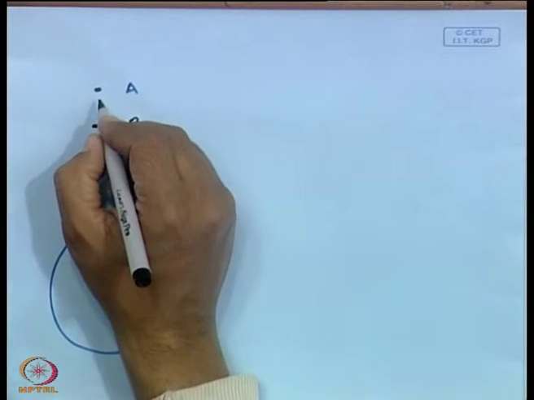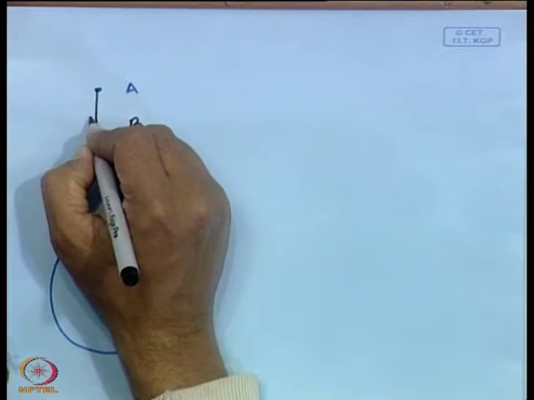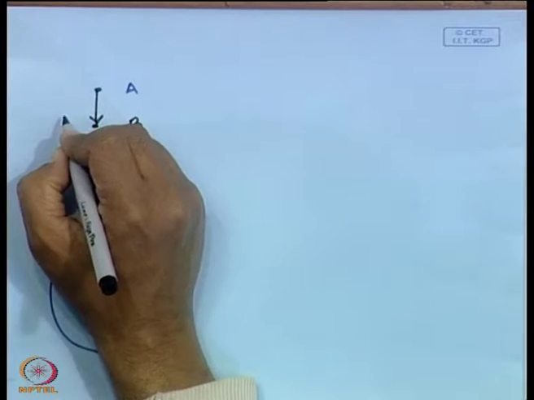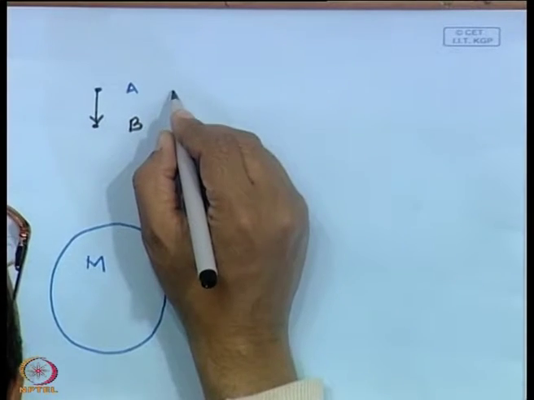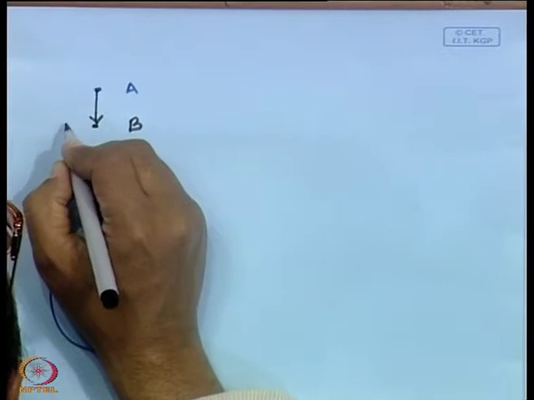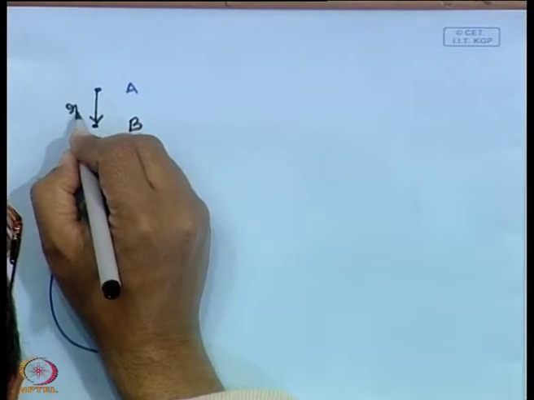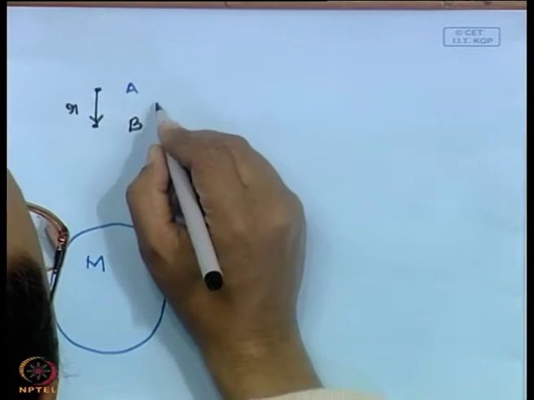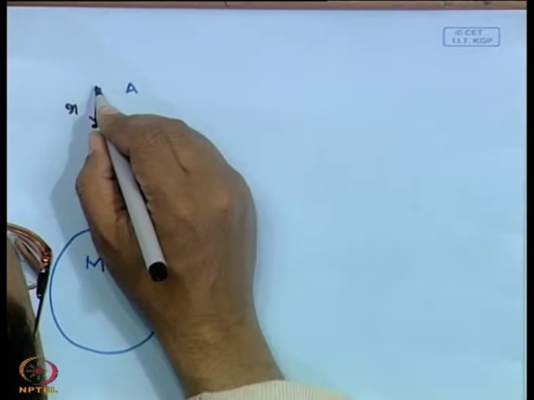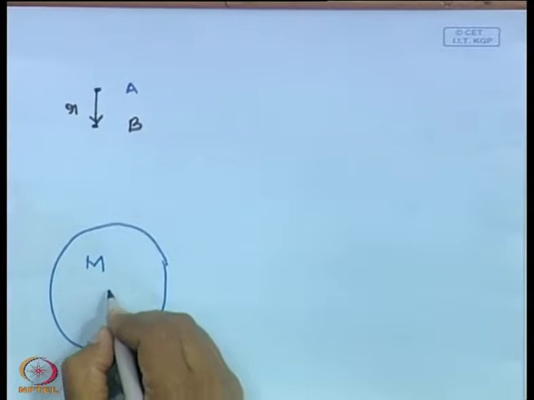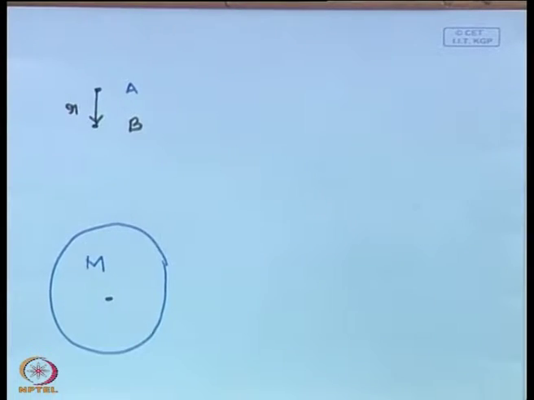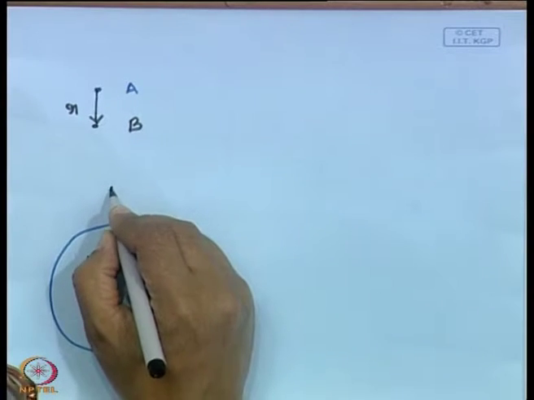This particle B is at a distance r from A. Let us call the distance from A to the center of the mass capital R, and this distance small r.